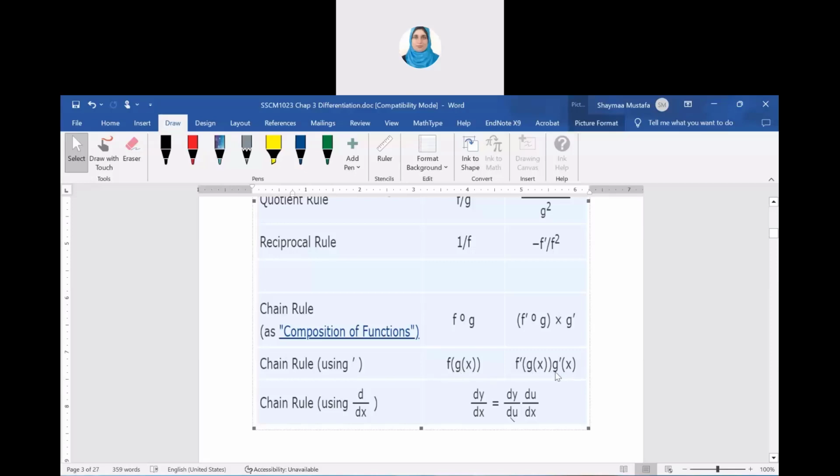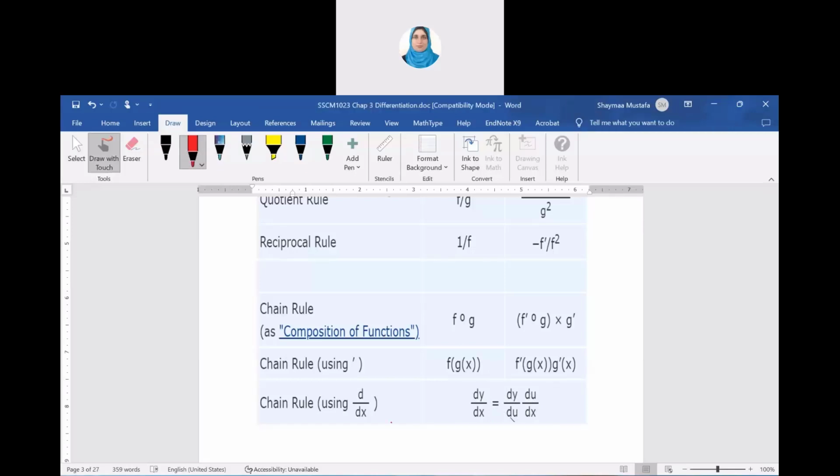Or sometimes you write it as the chain rule: if y is a function of u and u is a function of x, then dy over dx will be dy over du times du over dx.